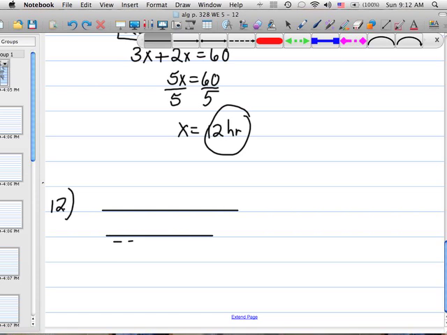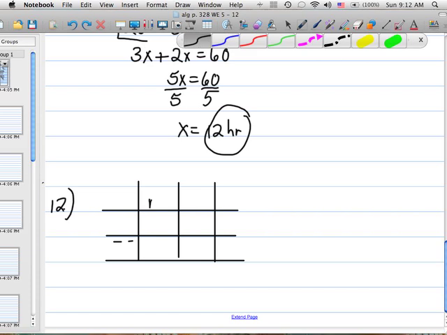And problem number 12. Make the chart. 12 says Stan can load his truck in 24 minutes.